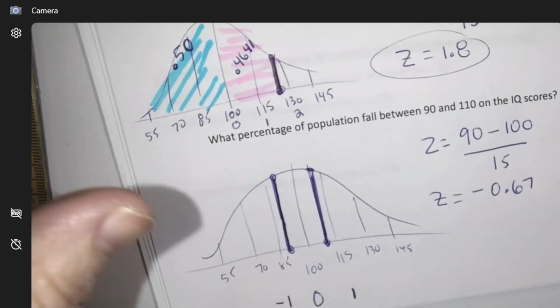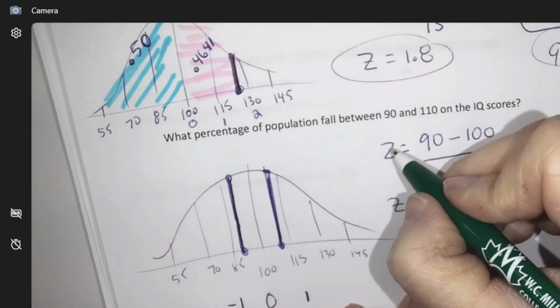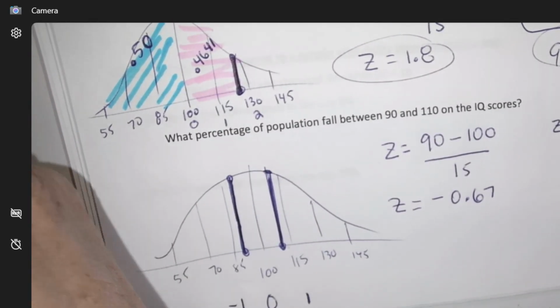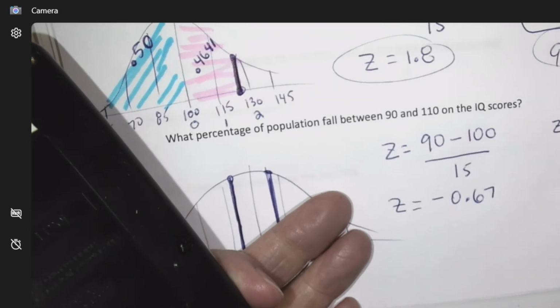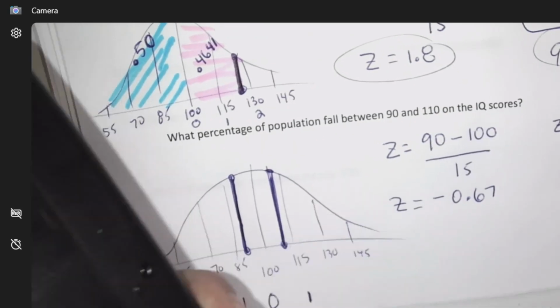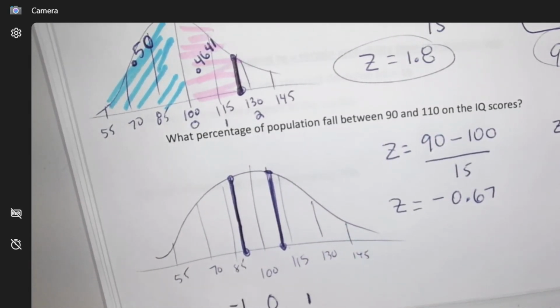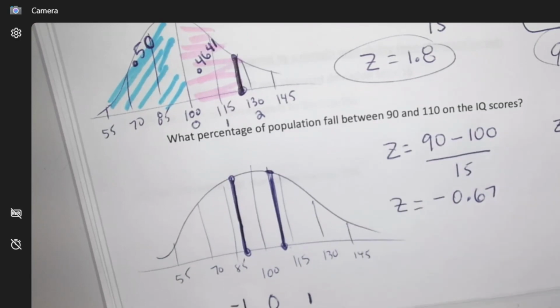I always do my Z's like that, because otherwise, sometimes when I'm writing, I get them mixed up for 2s. So they ended up with the same numbers except for positive, negative, and the reason is because this one is 10 above and this is 10 below the average. So they have the same space, so they're going to have the same Z values on opposite sides.